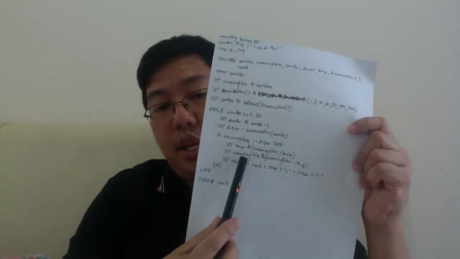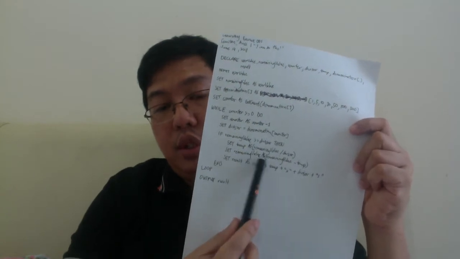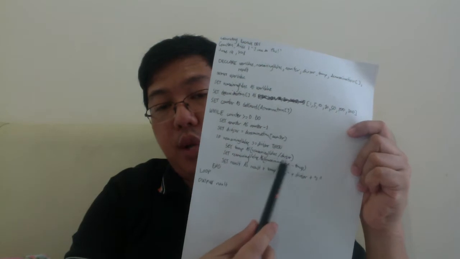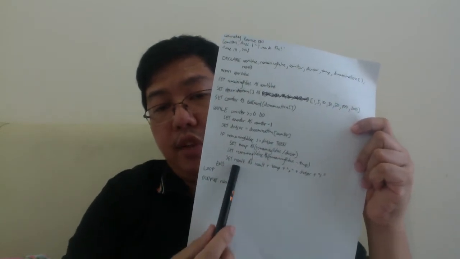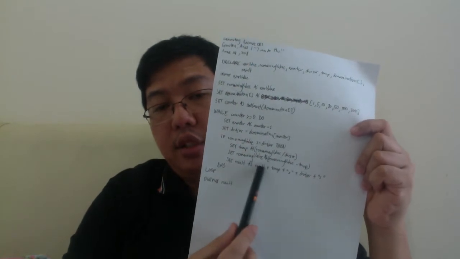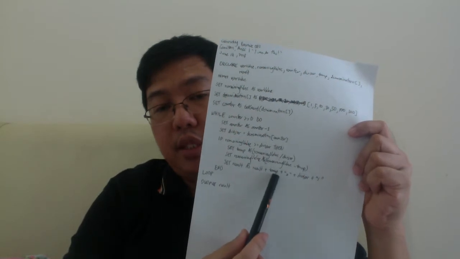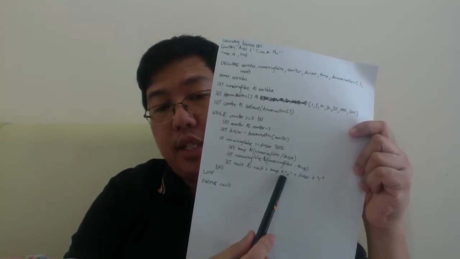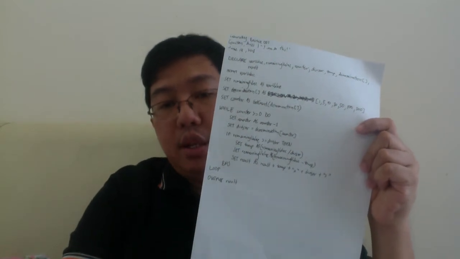Then I set the remaining value as the remaining value minus the temporary value that I deducted here. Then I set the result: I concatenate the values of result plus temp plus x plus divisor plus s.